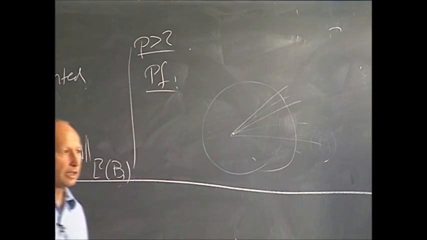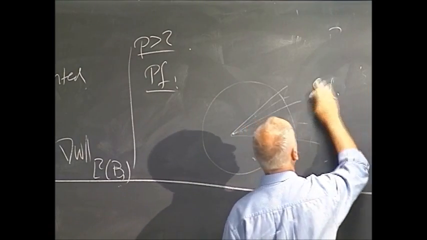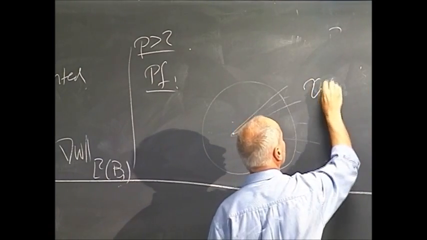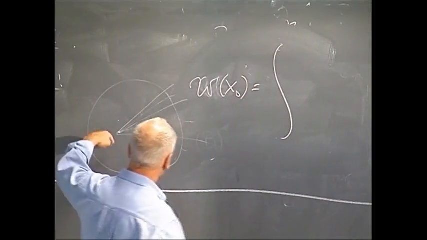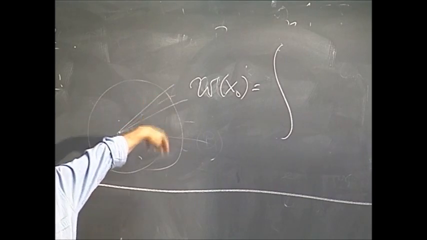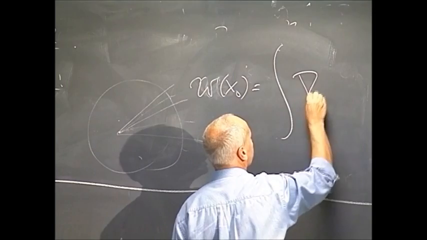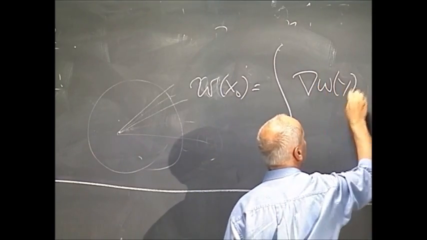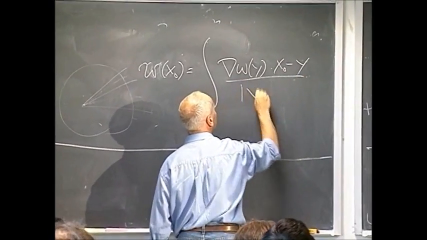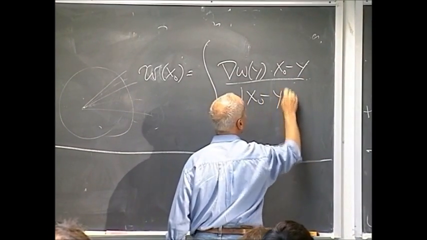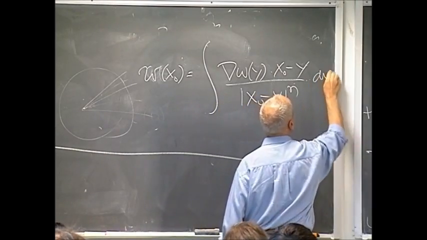And if you do that, what you get is that w of x0 is the integral, which you can write in polar coordinates and then pass to Euclidean coordinates, of gradient w of y times (x0 minus y) over |x0 minus y| to the n, dy.